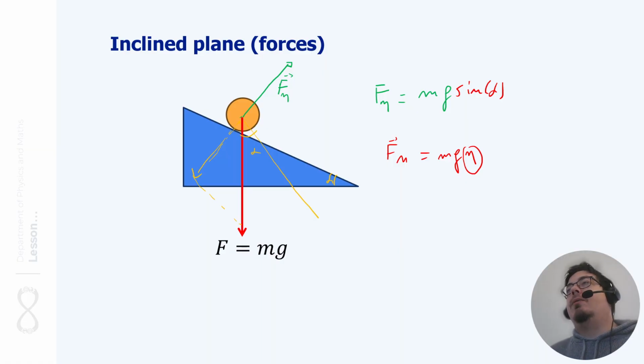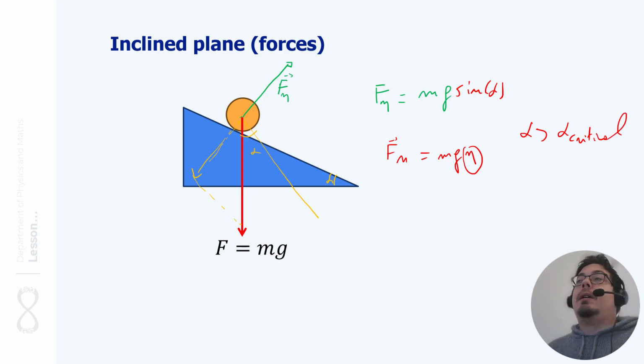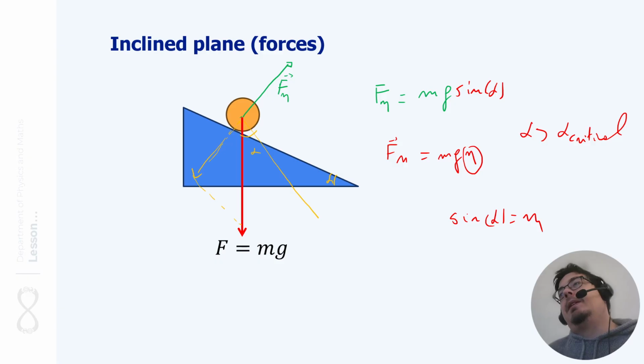So these two forces cancel out, but the angle is bigger than some critical angle. Basically, you solve this equation, which is sinus alpha equal to eta, and then you get that alpha is related to a coefficient, and that tells you the minimum inclination for which the object will start sliding.